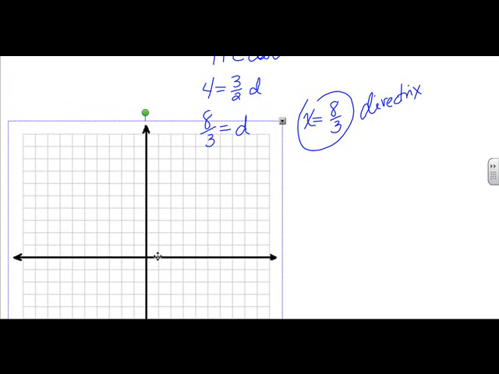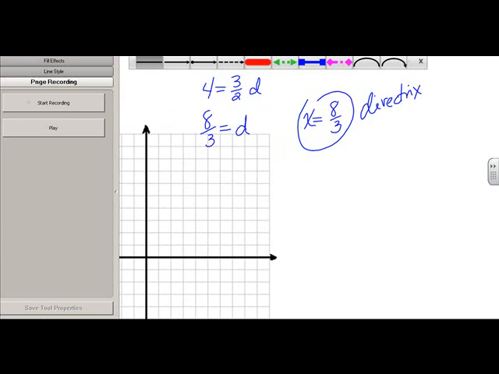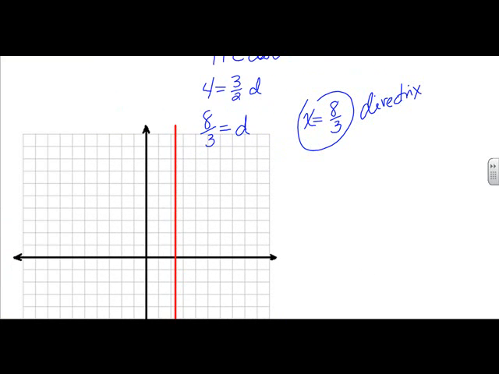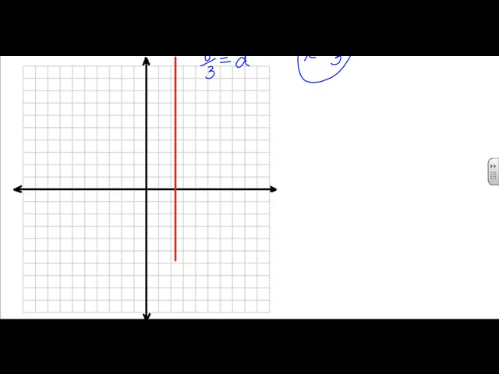So let me draw that line. It'd be about right there. We have a focus at the origin.